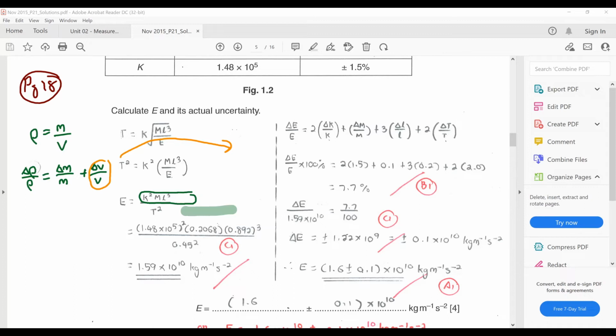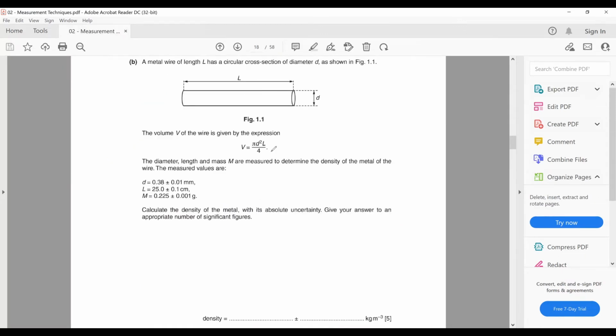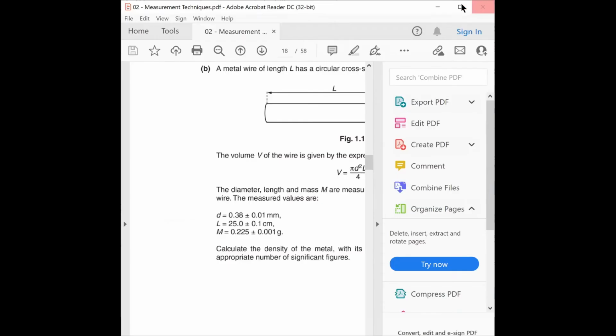So now from here, you see that. Wait, so what question are you doing? Page 18, am I not doing page 18? Because it's on the same question as just now. Oh, wait. Okay, right. Can you see the question now? Yeah. Because I think the PDF opened a new window, so it did not follow the new window.